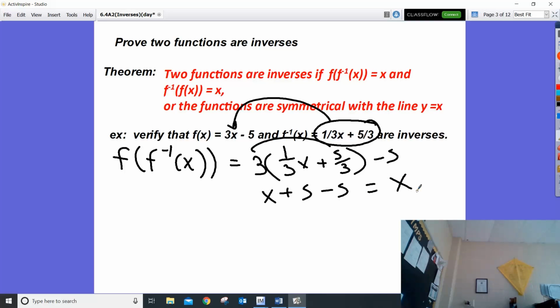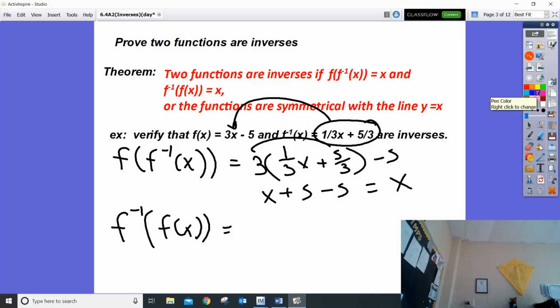Now, I have seen a rare occasion where one of them works and one of them doesn't. So you got to test the other one too, just to make sure. Of course, we already know it's an equal. Don't we already know the inverses? Yeah, we looked at the graph. Now you're going to find the inverse of x, of f of x, composed with f of x. So it's kind of backwards.